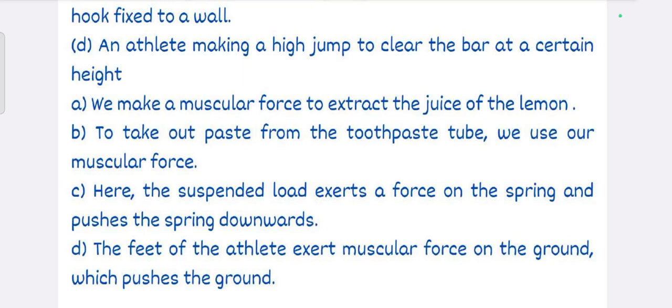Next, B answer. To take out paste from the toothpaste tube.